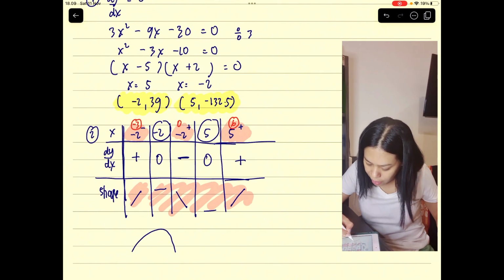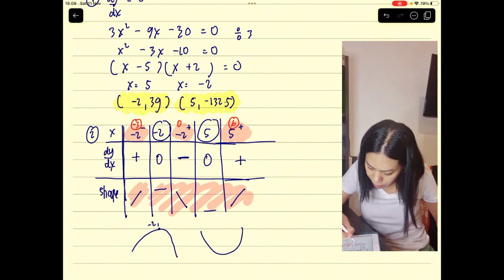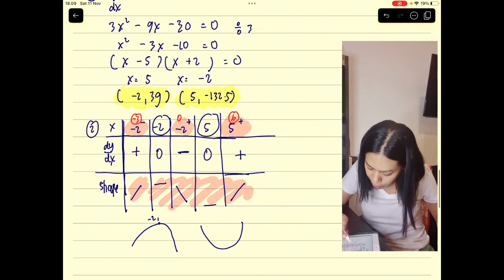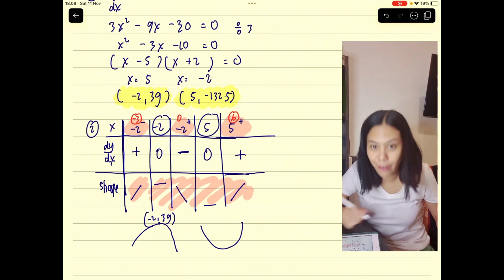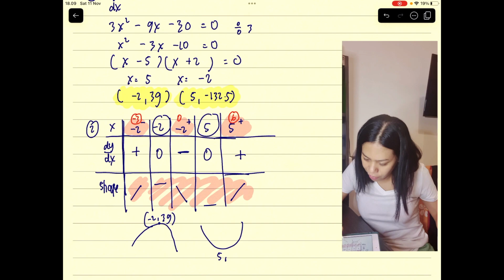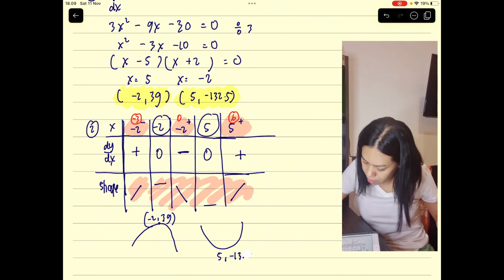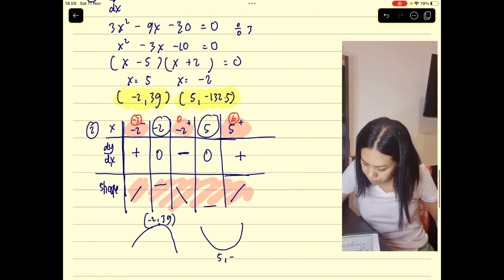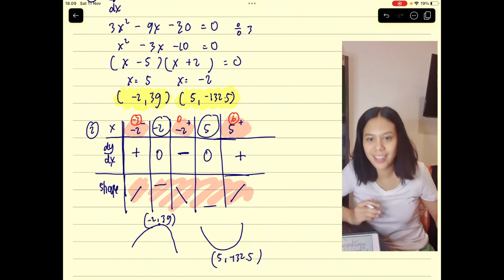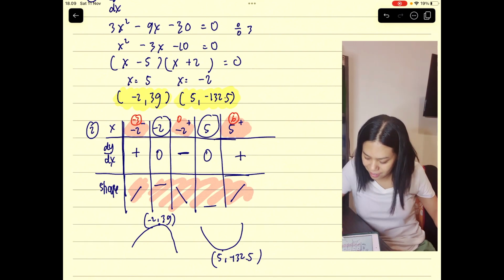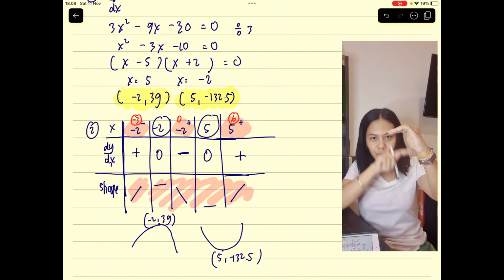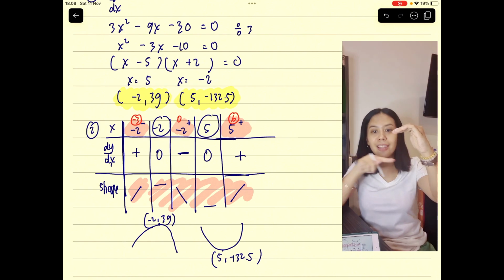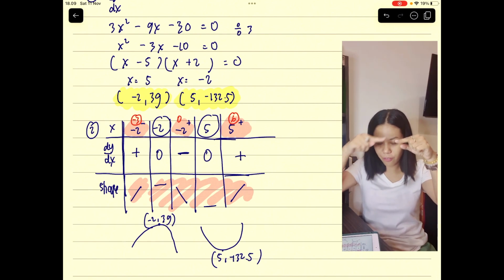So at point -2 and point 5, the -2 comma 39 is there, and then 5 comma -132.5 is there. Because at -2 it goes up, and at the 5 it goes down.